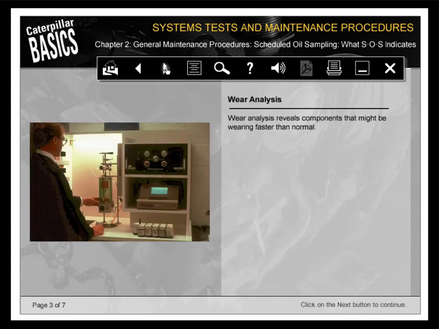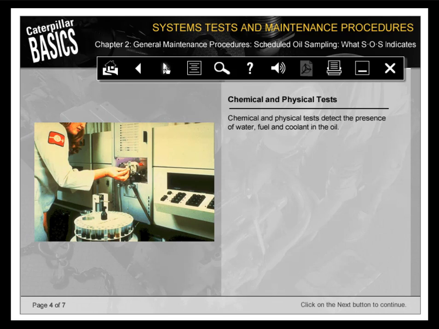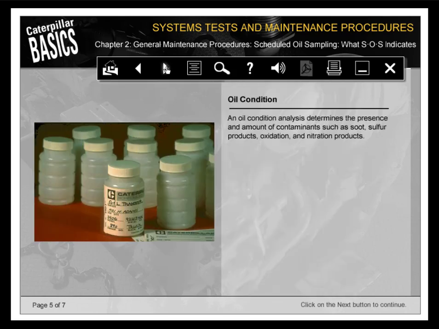Wear analysis reveals components that might be wearing faster than normal. Chemical and physical tests detect the presence of water, fuel, and coolant in the oil. An oil condition analysis determines the presence and amount of contaminants such as soot, sulfur products, oxidation, and nitration products.